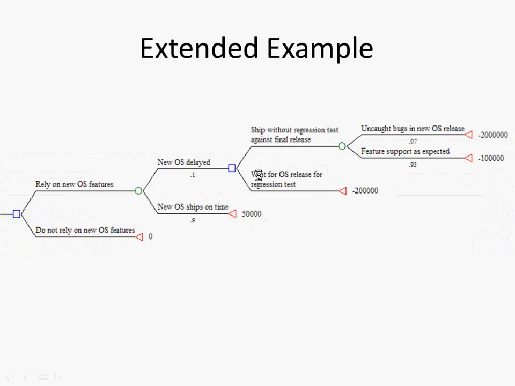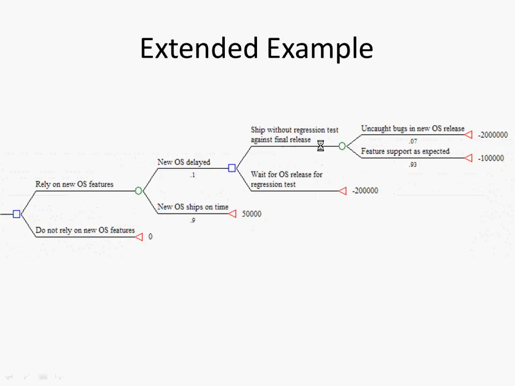On the other hand, we could be in a disastrous situation where we get it to those stores, we haven't tested it with the very latest version of the software, and suddenly we find that the ones we sold to the stores need to be updated because it's incompatible with the final version of the OS. There's some glitch or what have you. So here we have this extra level of uncertainty if we go with this nested decision to ship without waiting for the final release.